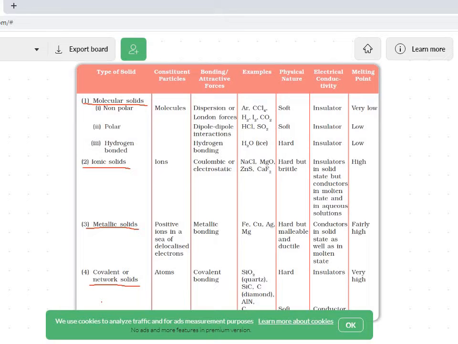So how are you going to remember this? You will remember this as mole, io, met, co. Mole stands for molecular.